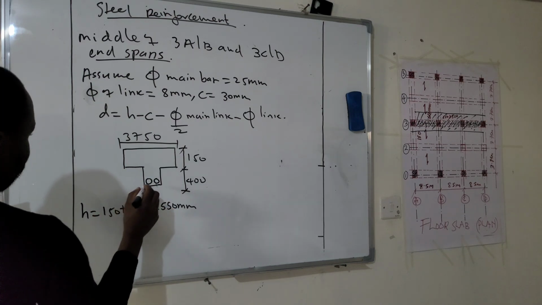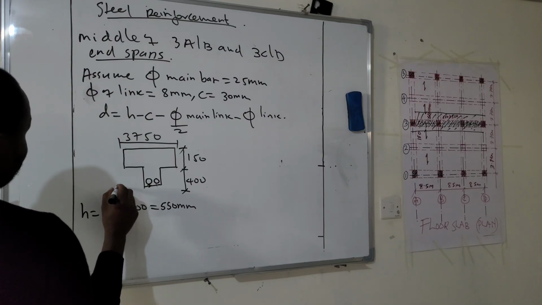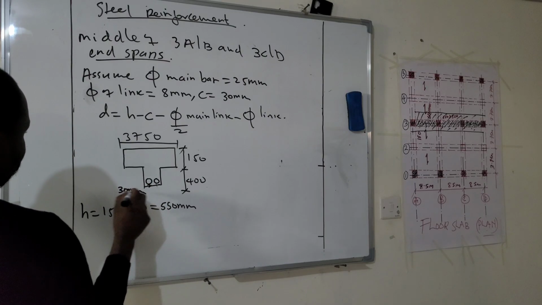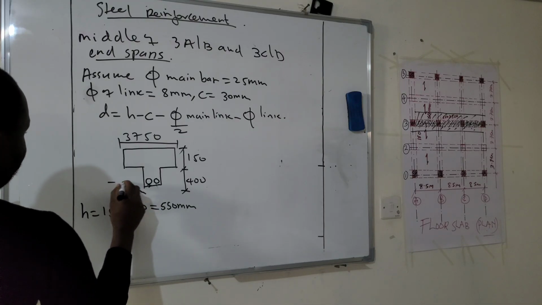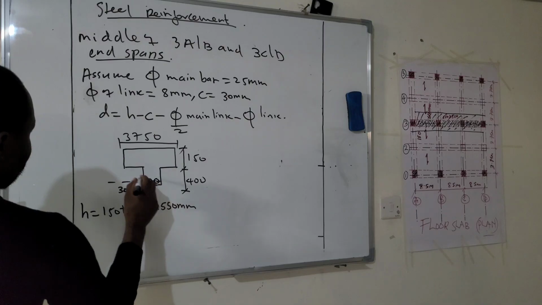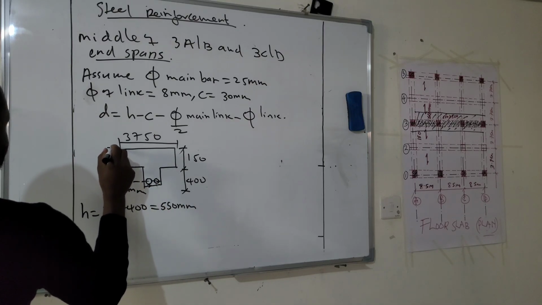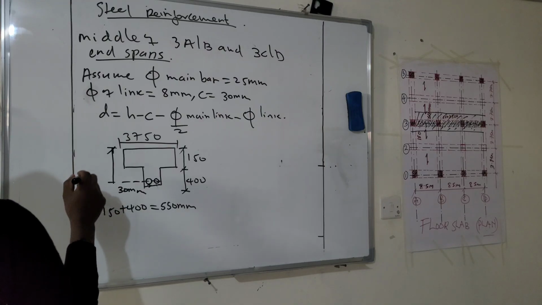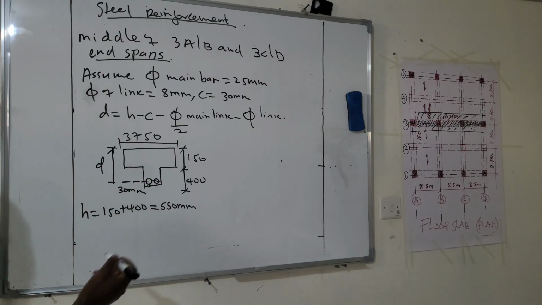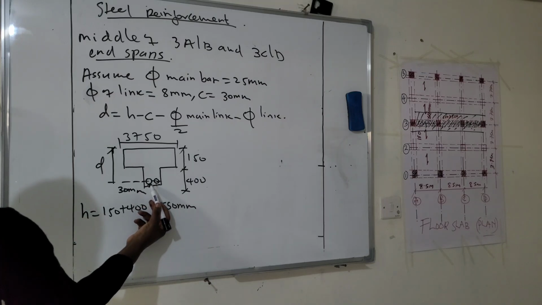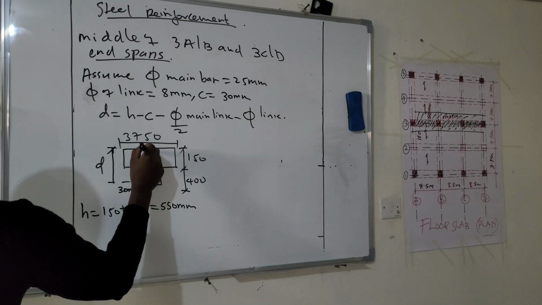So the cover, which is this distance, is 30 millimeter, and then the D will be this one, from the top to a half of the main bar. And also remember, we have the link.